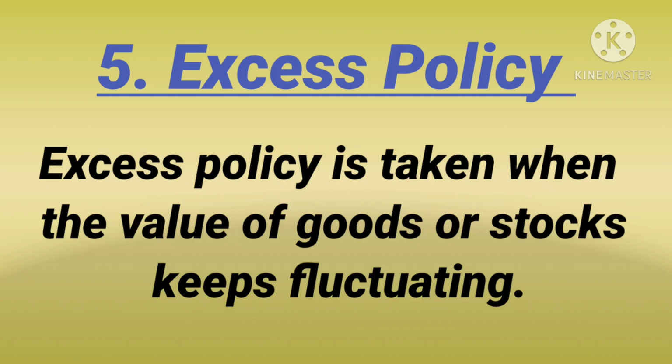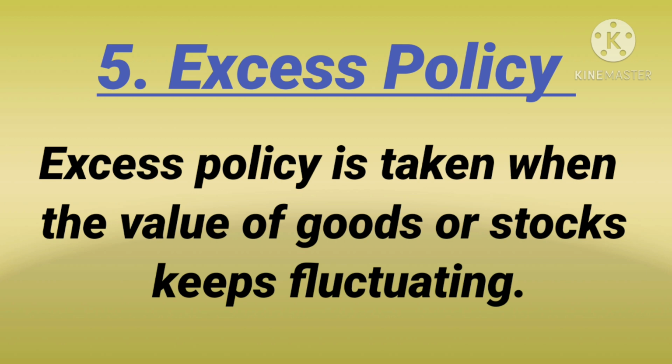The fifth point, excess policy. Excess policy is taken when the value of goods or stocks keeps fluctuating. In such cases, usually two policies are taken. The first one: the value of the first policy is an amount equal to the minimum value of stock, that is, the value of stock never falls below that value.